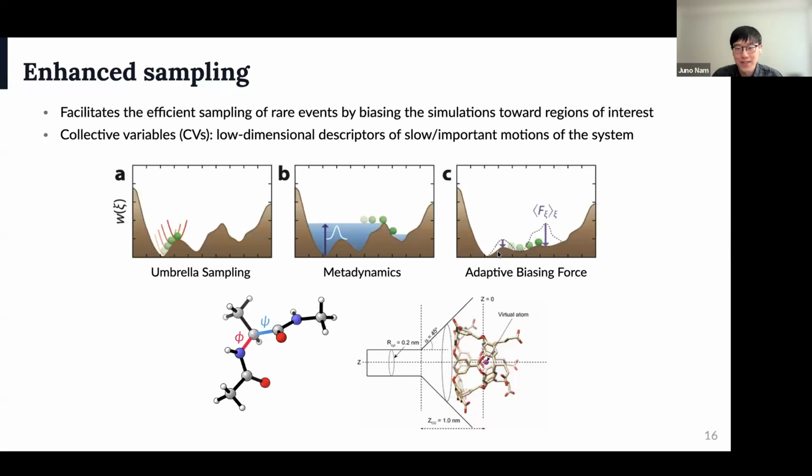Effectively, this is shaving off the energy barrier. While metadynamics is stacking up the potential energy landscape, adaptive biasing force is shaving off the barrier. So they're complementary, and there are even methods that combine these two approaches as well.